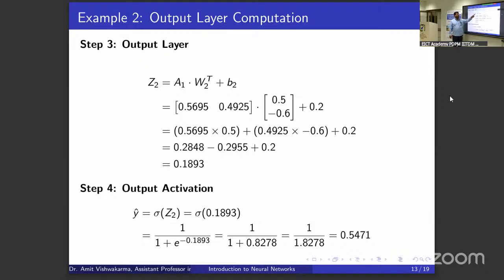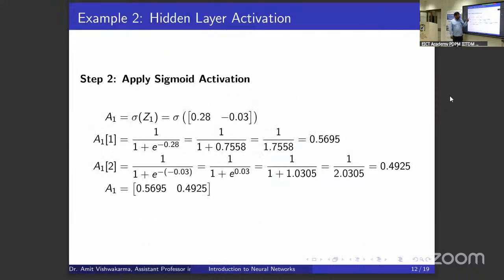The Z2 value depends upon the output A1, which is nothing but the output of the hidden layer. And in the previous slide, this particular Z1 gives A1, and so there is a chain, some dependency, correct? Input, then output of the hidden layer, then final output. So there is a dependency from the output to the output of the hidden layers.